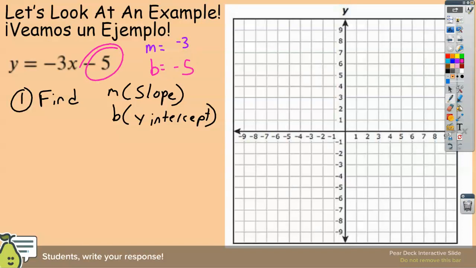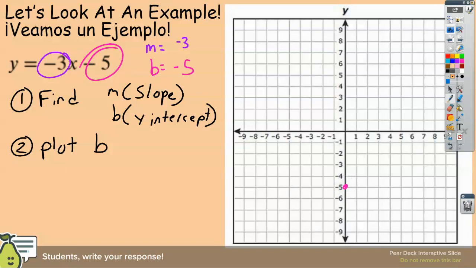So again, here's my B, here's my M. Okay. So far so good. Now, we're going to plot B. Then negative 5, so it's going to go on the negative 5 of the y-axis.